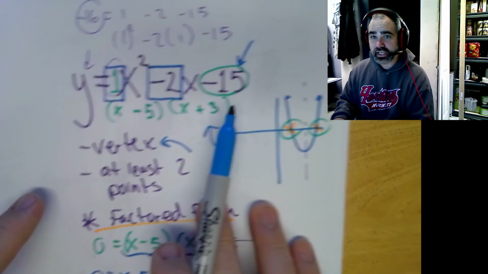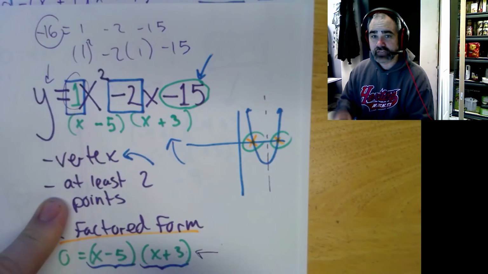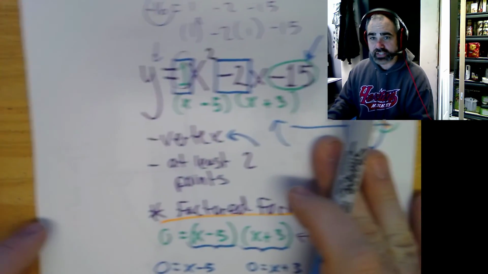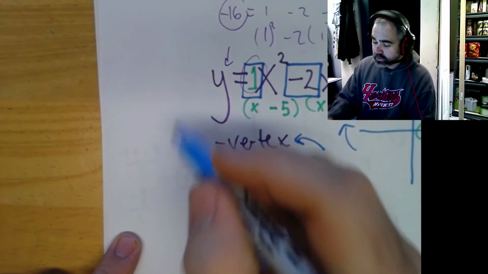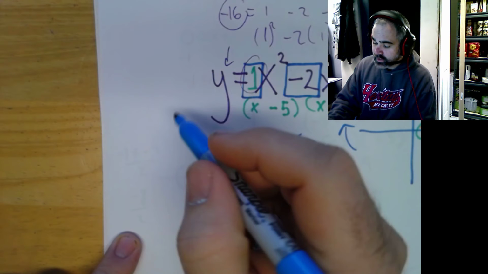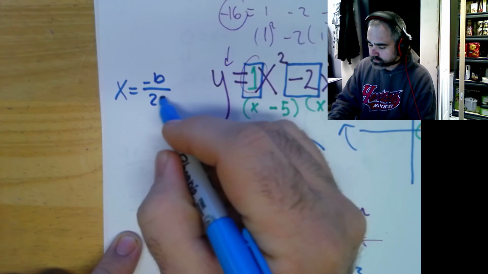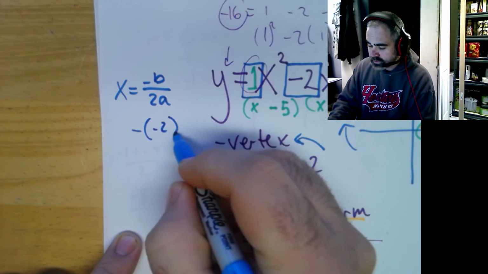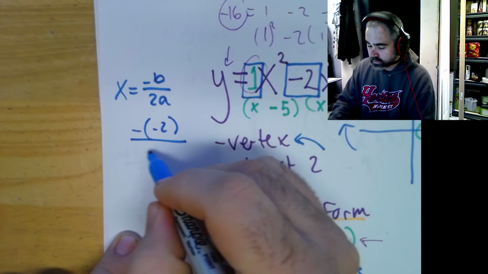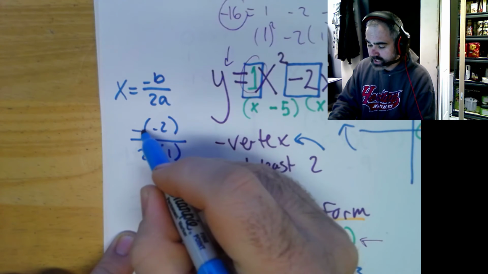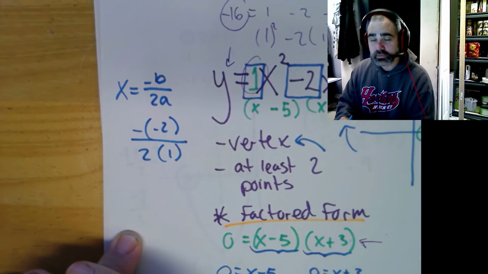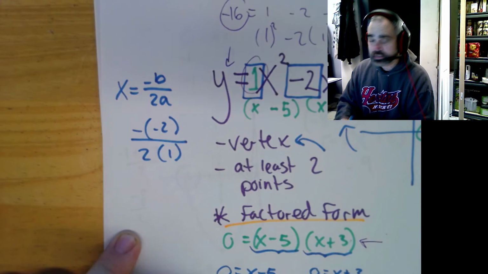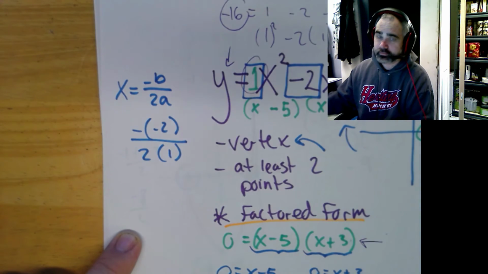Let's plug that into negative b over 2a and see if it gives us the exact same line of symmetry. So negative b over 2a, that's our line of symmetry formula. So negative times negative 2 over 2 times 1. Notice again the negative is still there. Be really careful. It's a very common mistake to just have that evaporate on you.